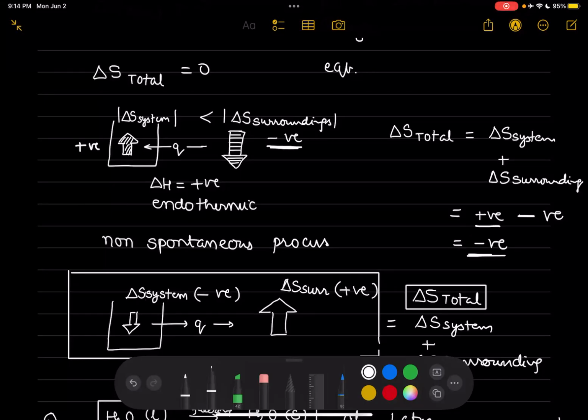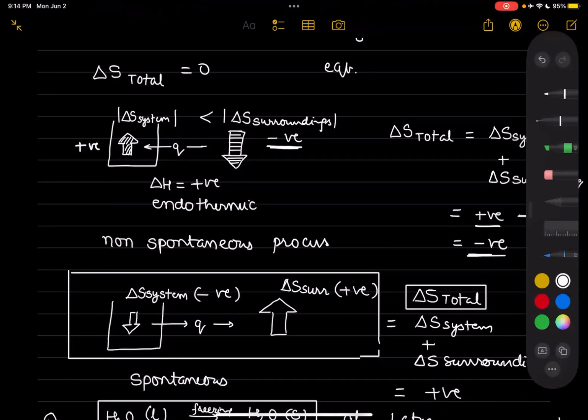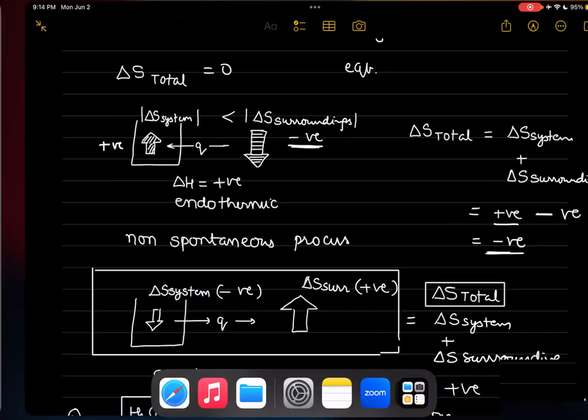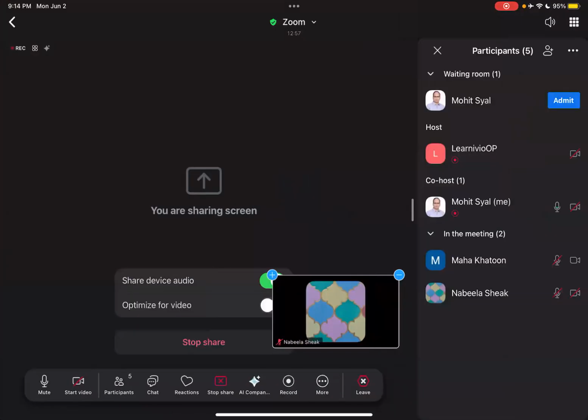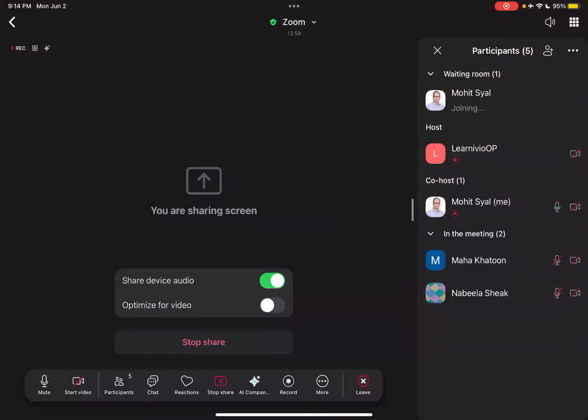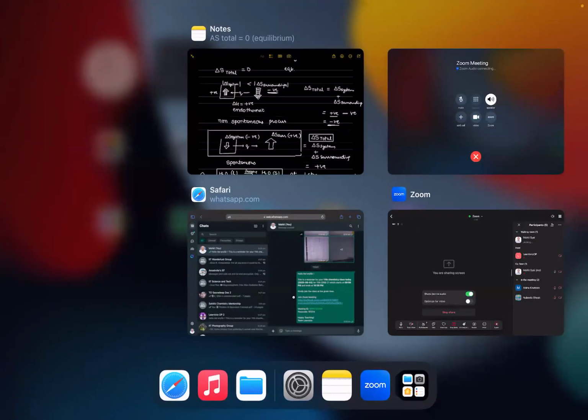Yes, sir. So you need to focus on total entropy change. That is very important to know whether a system is spontaneous or not.